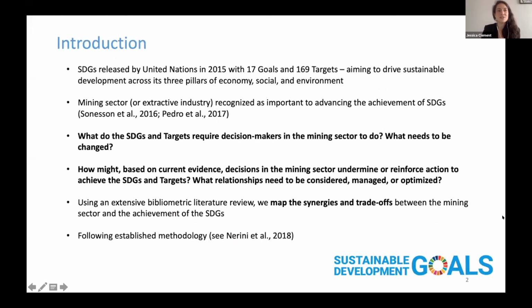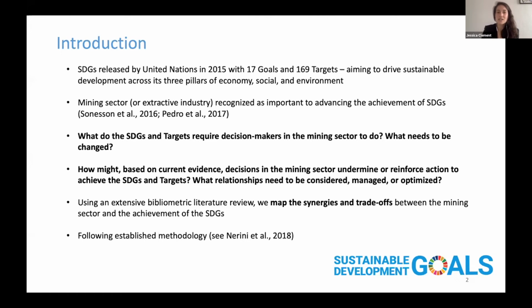So to provide some introduction and motivation for why we are writing this paper, as you all know, the SDGs by the United Nations have 17 goals and 169 individual targets that all work together to drive sustainable development. And the mining sector, or in some circles, also called the extractive industry, has been recognized as an important way to advance the achievement of the SDGs.